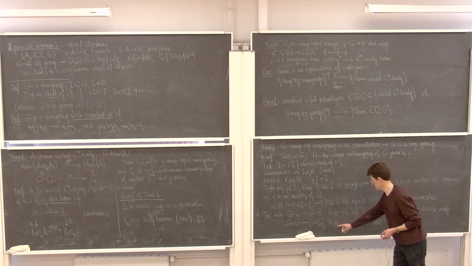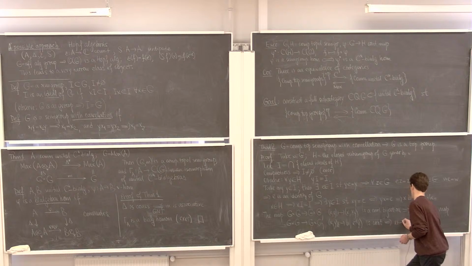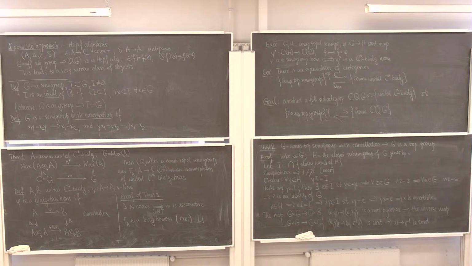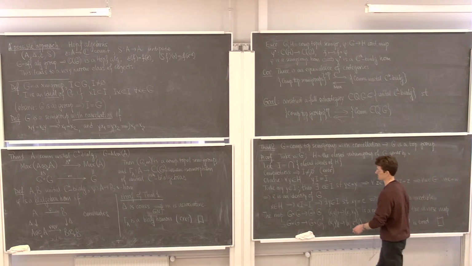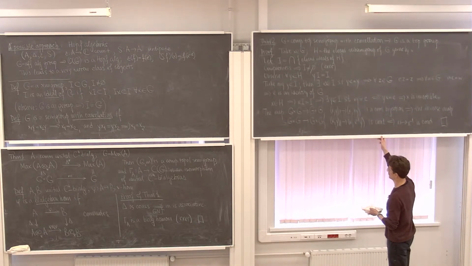And the continuity of this map easily implies that the map which takes x to x inverse is also continuous. We simply substitute the identity for y, and we deduce that this map is continuous. And that's it. So this shows that G is a topological group. So every compact topological semigroup with cancellation is a compact topological group.